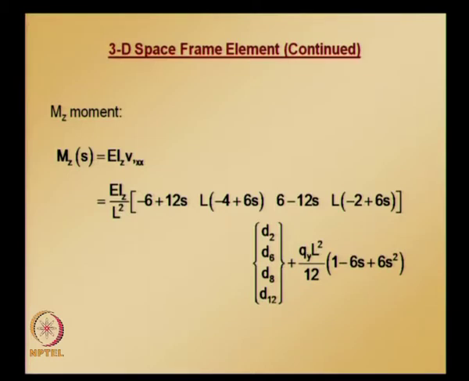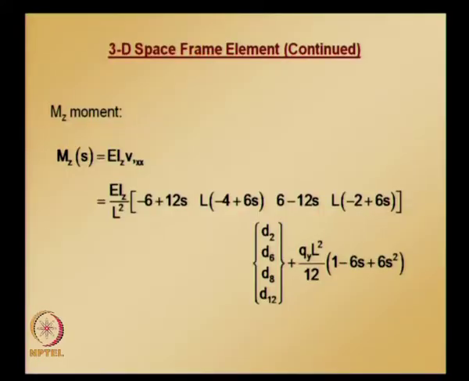So, what we need to do is, given any problem, we need to assemble element equations in the local coordinate system and use transformation method and get the element equations in the global coordinate system, and based on the nodal connectivity assemble the global equation system, apply the displacement boundary condition, solve for the nodal values.